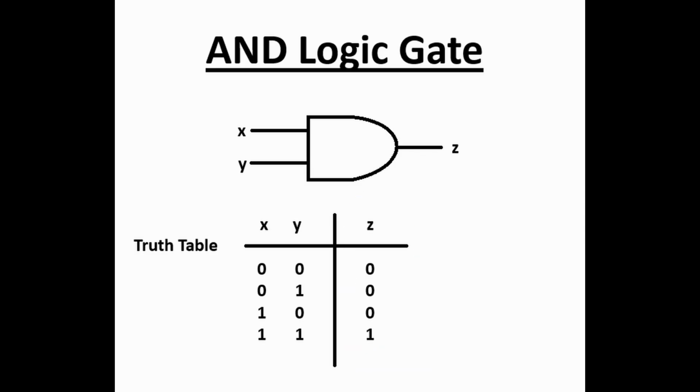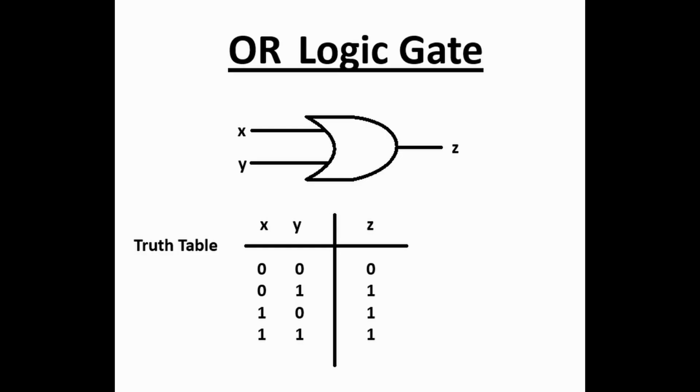Since there are only two inputs, and each input can take two different values, that means there is a grand total of 4 possible input combinations to the gate. Notice the AND gate mostly results in a 0-bit output for any combination of inputs, except when both inputs are 1. In this case, the output becomes 1.